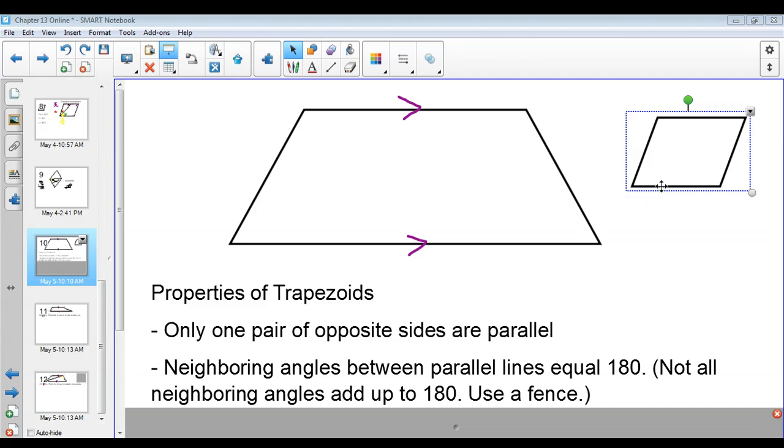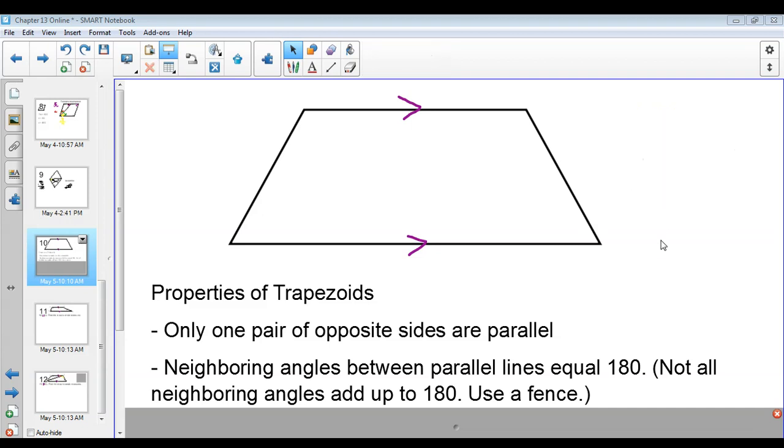If I take a look at the neighboring angles in this trapezoid, I see here, if I focus on this top left angle right now, and I'm going to use my gold pen, this is an obtuse angle, correct? It's more than 90 degrees. That's what classifies this as an obtuse angle. If I take a look at this neighboring angle right here, this is also an obtuse angle.